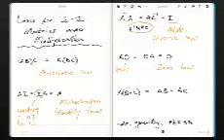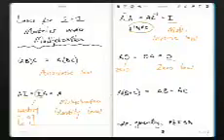But remember, when you multiply by 0, you always end up with 0. So any matrix multiplied by the 0 matrix, assuming they can be multiplied, then we end up with 0.